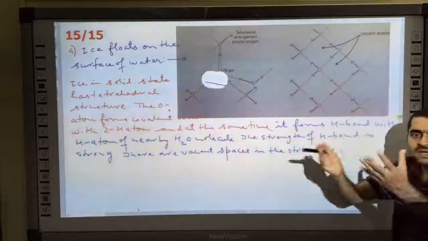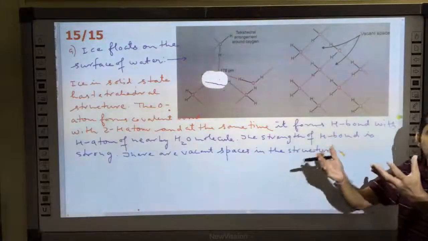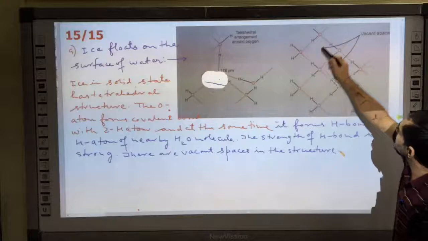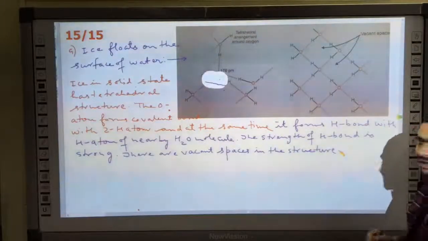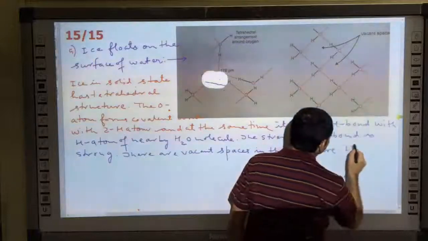When in ice there is intense hydrogen bonding, what is happening? There are vacant spaces in ice. These are vacant spaces. It results in a cage structure.